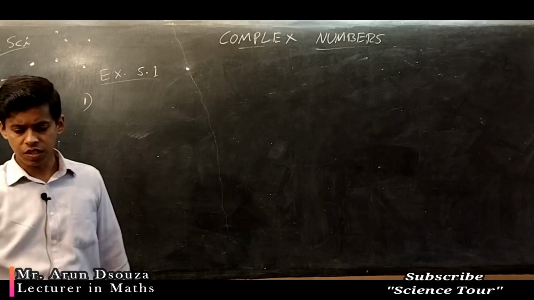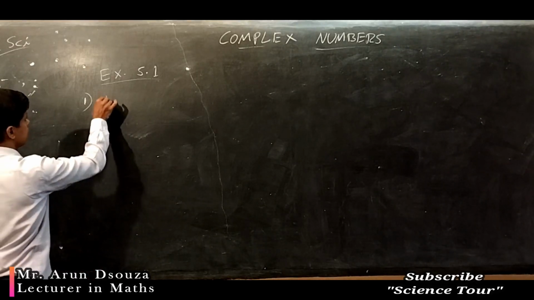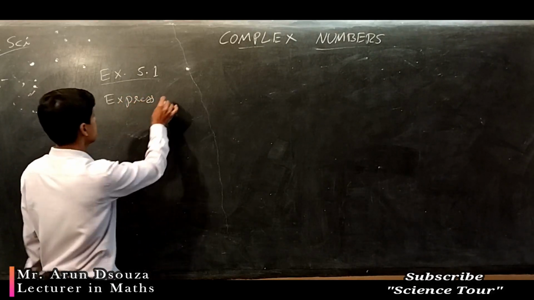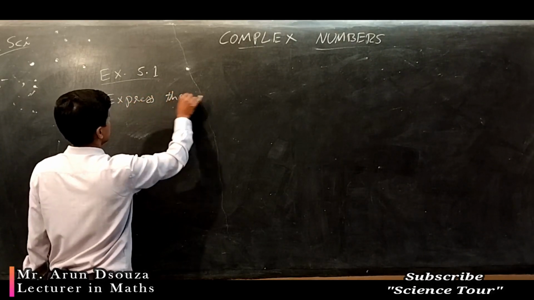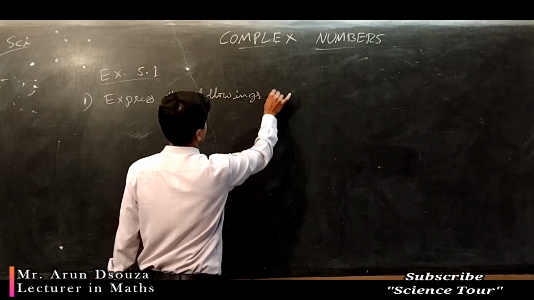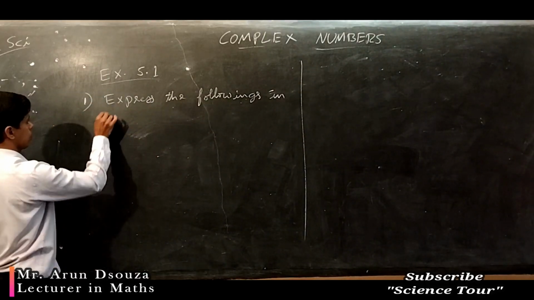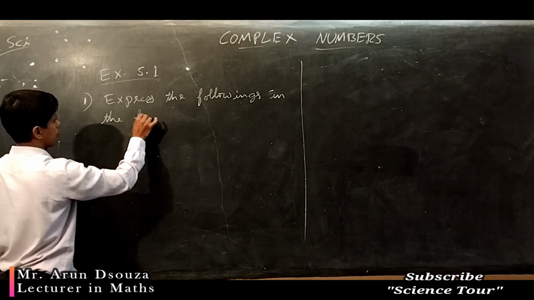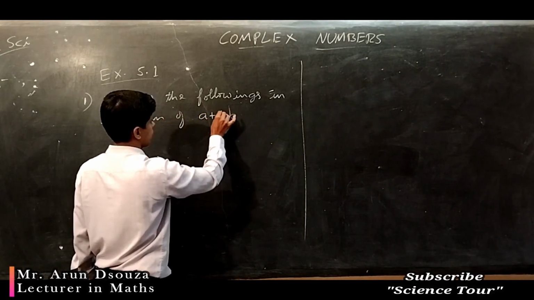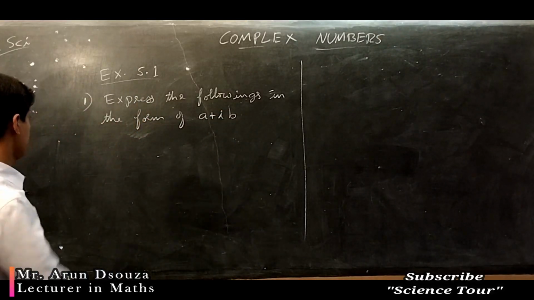Exercise 5.1, first question: Express each of the complex numbers given in the form of a plus ib.